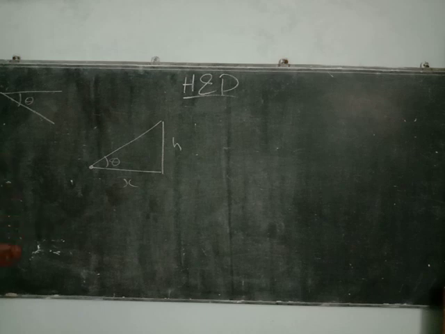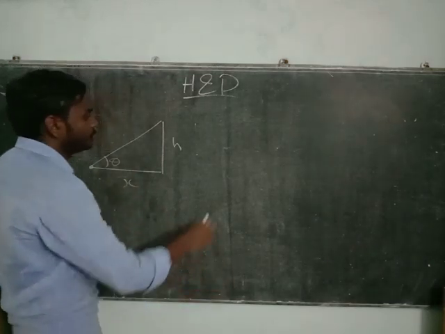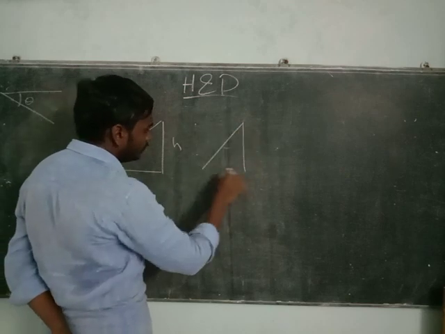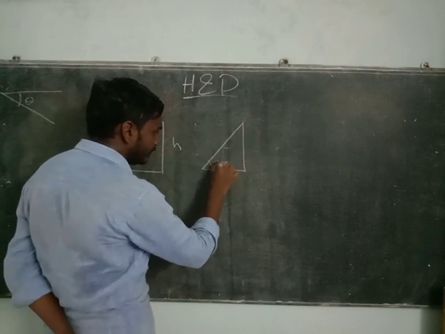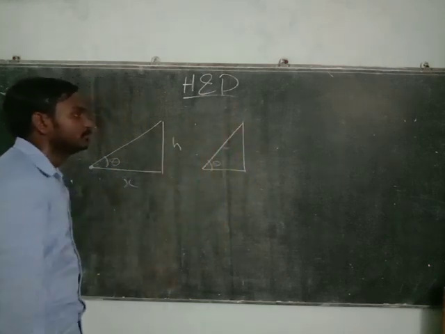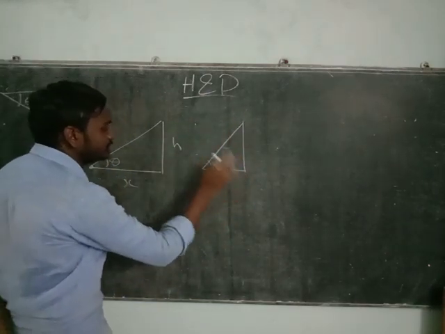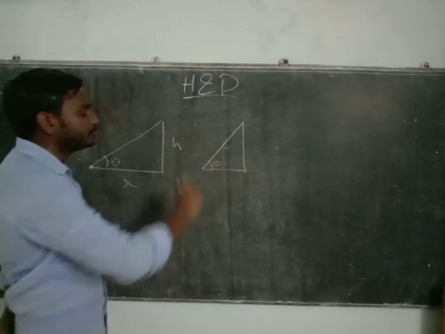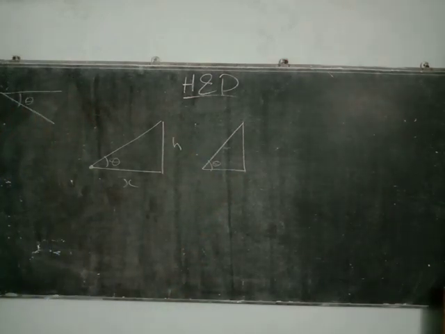So the question can also be like this: there is a ladder which is inclined to a wall at an angle of some theta value. What is the height of the wall, or at what distance should the ladder be kept? These are the things.